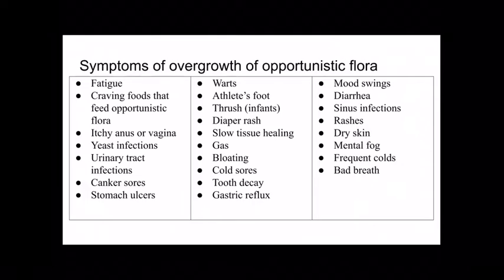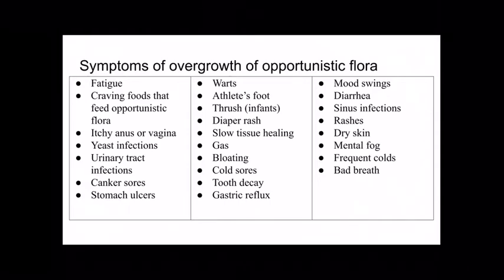But one thing that's interesting, for instance, is craving foods that feed opportunistic flora. That kind of makes me think, who's running this show? We did look at how there are 10 times more flora cells in our body than our own cells.